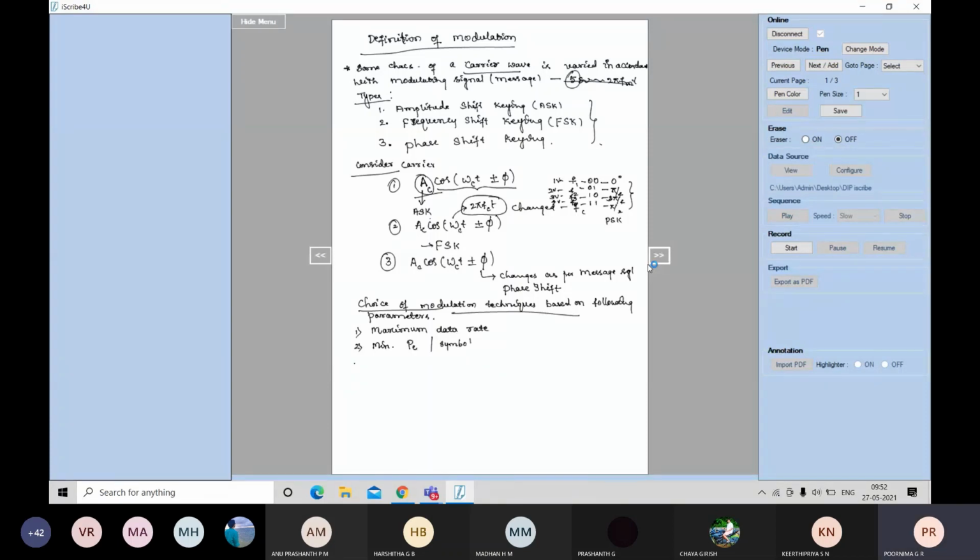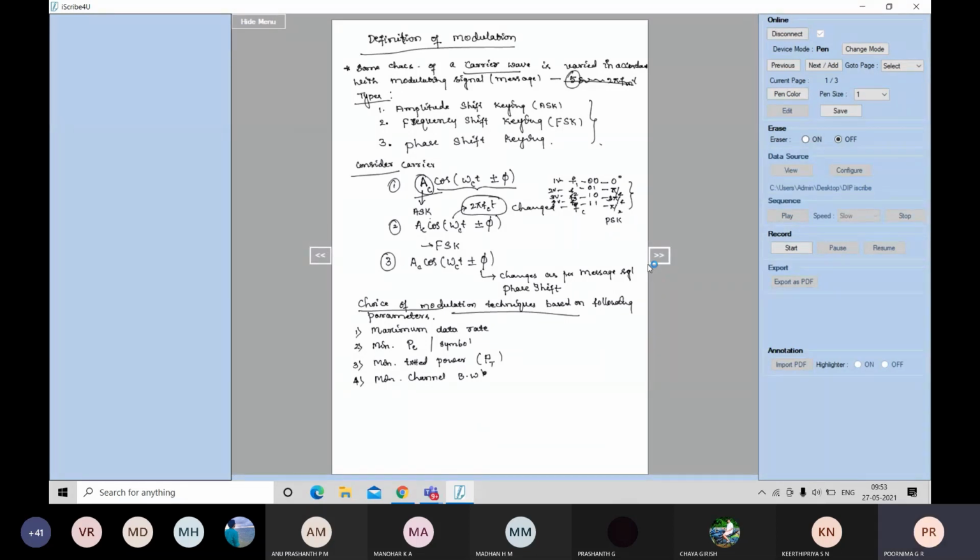Then the third parameter, minimum transmitted power, because most of the time we go for wireless communication, devices should run for long durability. Then the fourth one, minimum channel bandwidth. Whenever it is transmitted over the channel, it has to make use of minimum channel bandwidth.